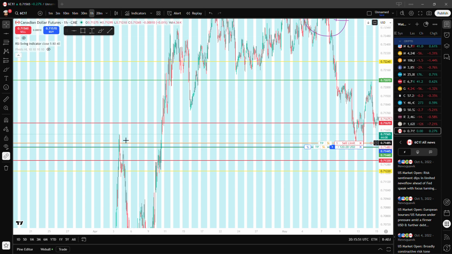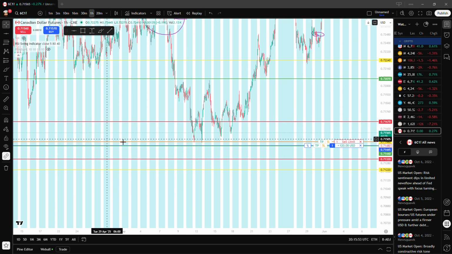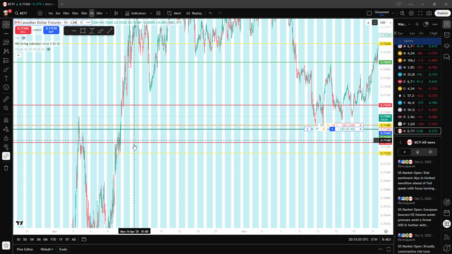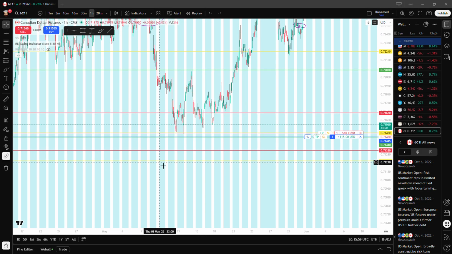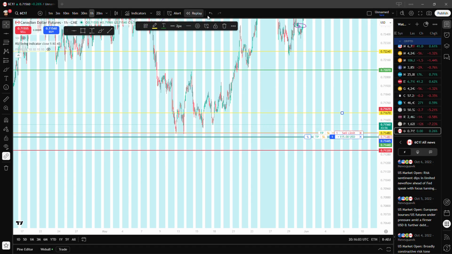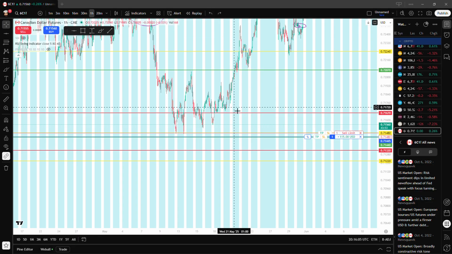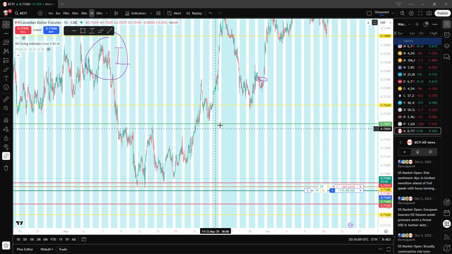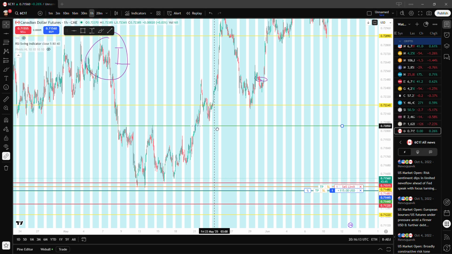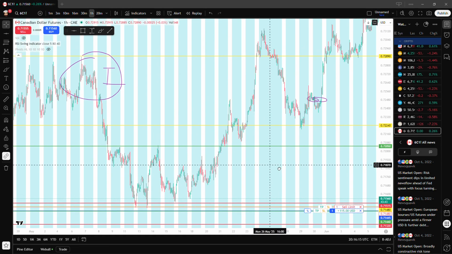See, this is a level I could have marked out. So yeah, below that, like right there, maybe that's a level. Yeah, I don't know. But yeah. And then the head is right there.